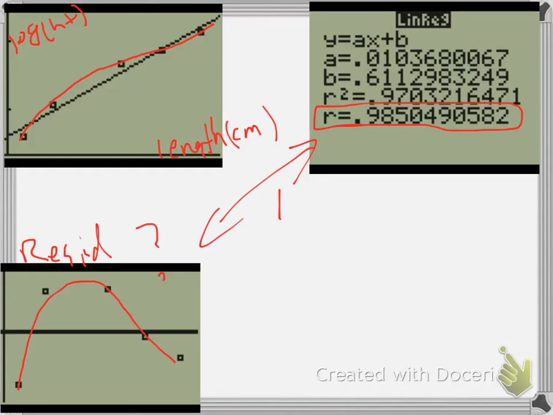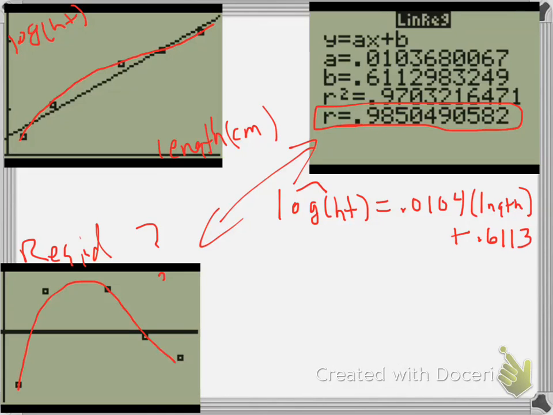It's saying you will get the predicted logarithm of the height if you do 0.0104 times the length plus 0.6113. And the reason I'm carrying more decimals is when you deal with logs, you really want to get lots of decimal places, because they become powers and it makes a big difference. Every little bit makes a big difference. So you want to write at least 4 decimals for logs.